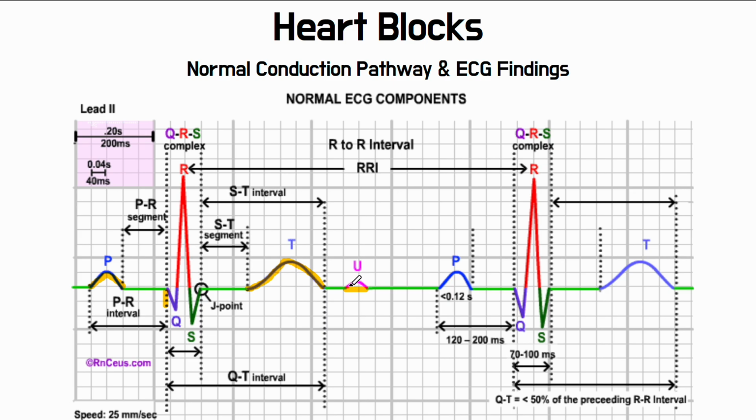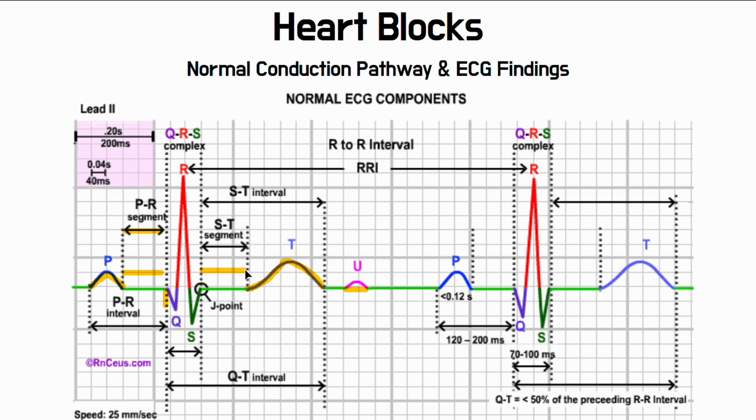So let's talk about segments first. Here there is the PR segment, right? Here it is the PR segment. What the PR segment actually indicates is AV nodal electrical silence here. There is nothing here, right? No waves here. So the PR segment usually indicates AV nodal electrical silence, and this is the ST segment.